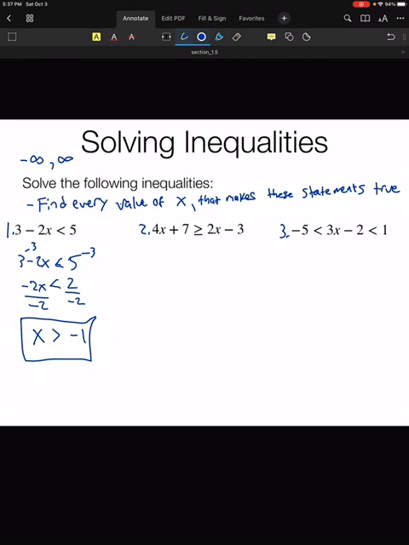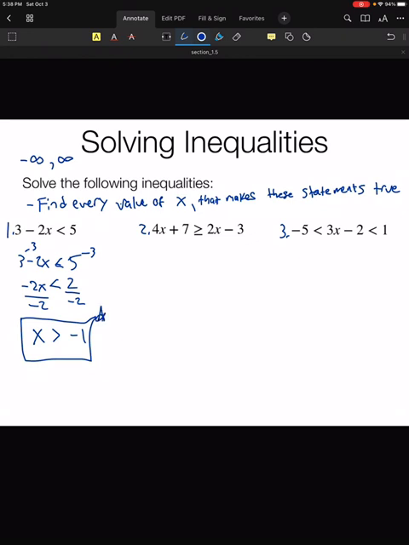Okay, does that make it false? And so if I plug in something like negative 2, then I get 3 minus negative 4, and that's really 3 plus 4, which is 7, and 7 is not less than 5. So it all works out. It looks like I have the right sort of interval. So this is good. We've checked it.